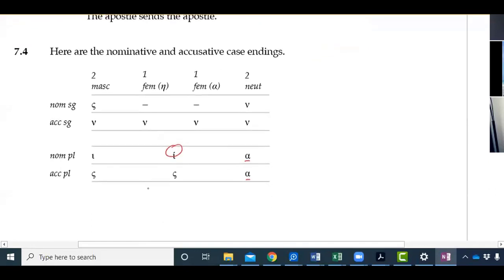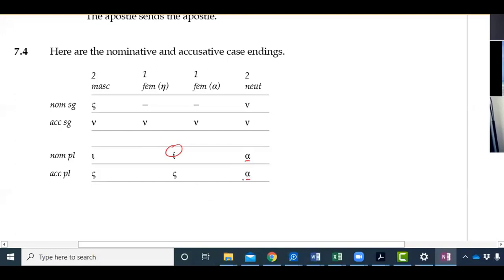Now, the case endings have been put into a chart here on 7.4. And notice that the nu is present for the accusative singular in all genders and declension patterns that we know. Nu. Okay? And for the plural forms, it's sigma if it's masculine, sigma if it's feminine, but it's the alpha form if it's neuter.